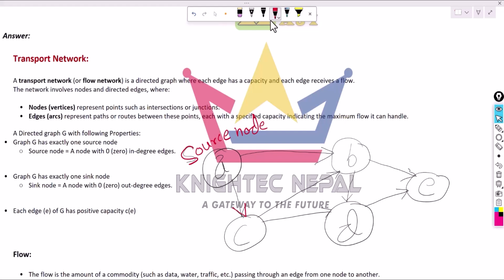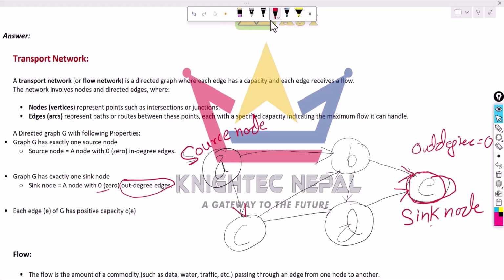Now observe this E. E has only incoming edges. As per the definition, out degree must be 0. So here we do not have any out degree, so out degree equals 0. So we can call this node a sink node or destination node.